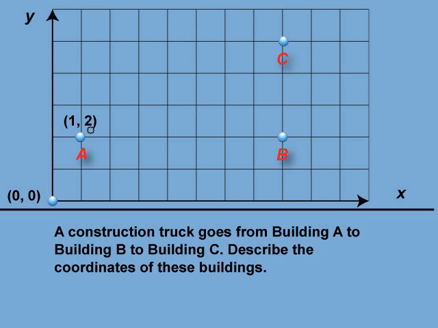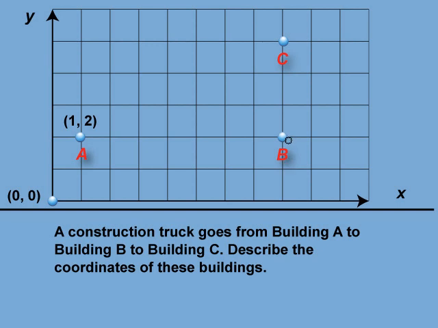Now let's look at point B. Start at the origin and count the number of tick marks along the x-axis to align with B. There are 1, 2, 3, 4, 5, 6, 7, 8 units. And we move up 2 units.